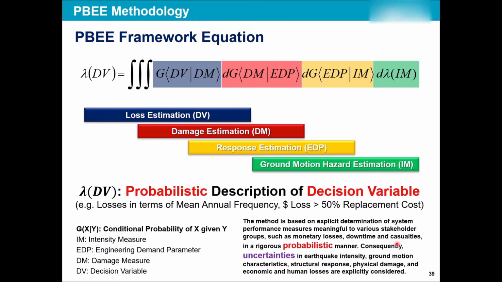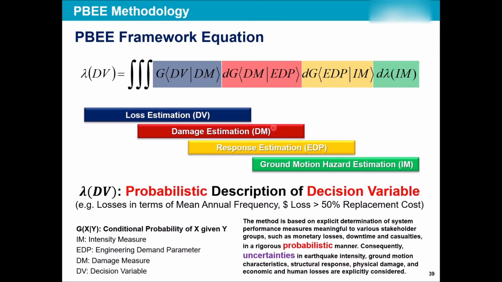If we put all of these together, let's say the ground motion hazard estimation gives us the intensity measure, the response estimation from your structural modeling, nonlinear dynamic analysis, gives us the engineering demand parameter EDP, you have the descriptions here as well.